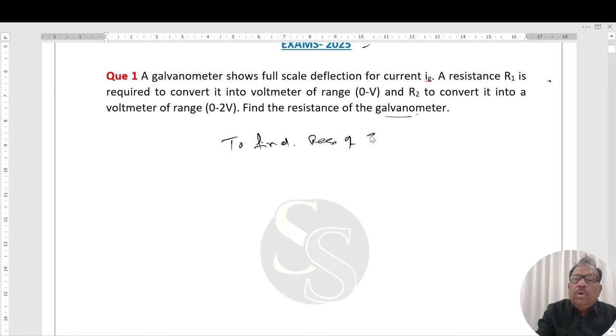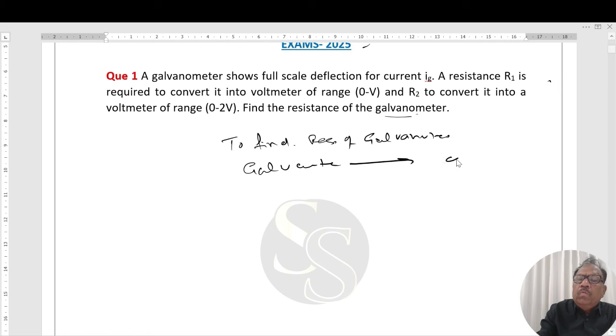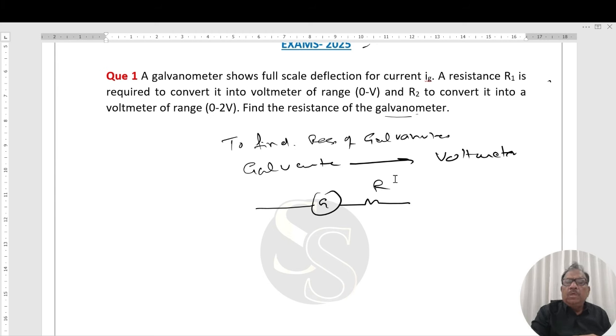In this case, the galvanometer is being converted to a voltmeter. To convert a galvanometer to a voltmeter, we have to connect a very high resistance in series with the galvanometer.